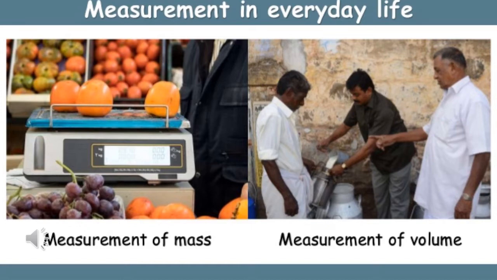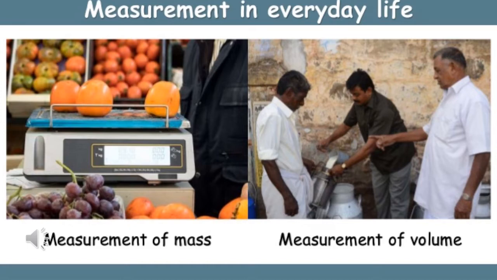Then on the right you can see the example which I have given related to milk. Whenever we go to the shop to take milk, usually the shopkeeper asks, how many liters of milk do you want? So this shows the volume, that is, how much volume of the milk we want.